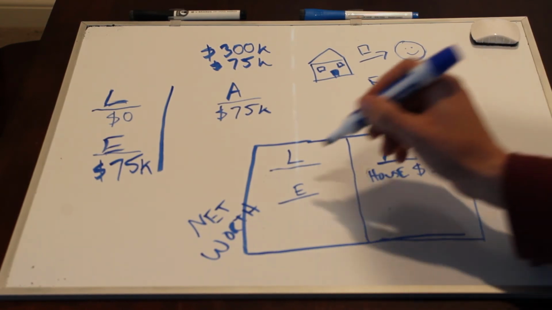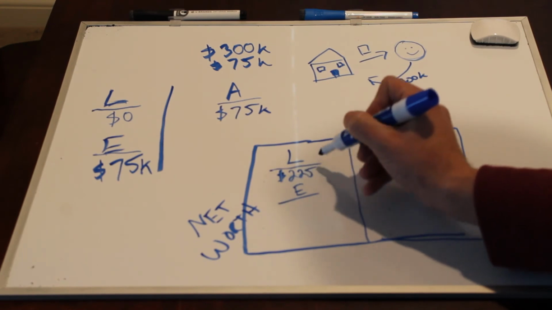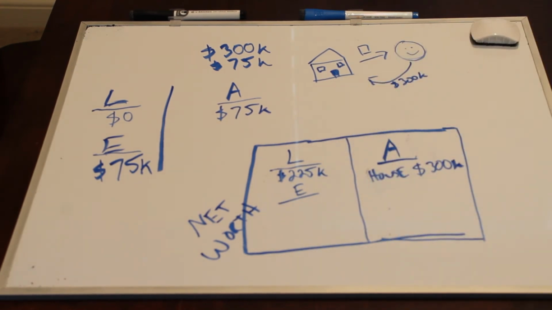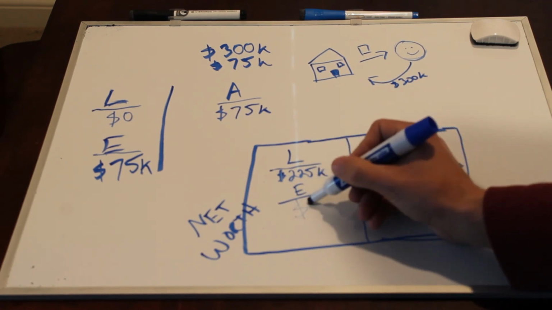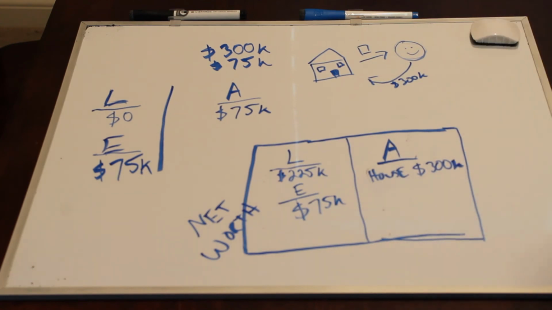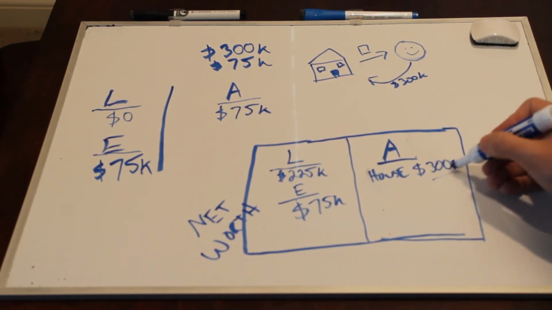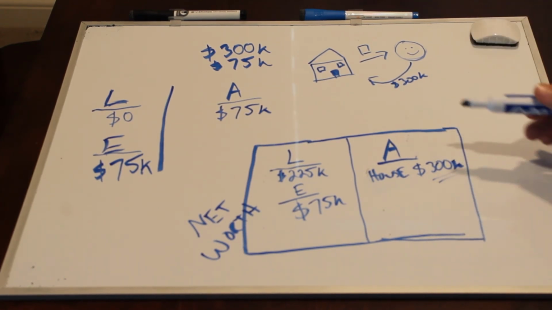Your liabilities are $225,000 that you owe to the bank. And your equity stayed the same. Your equity is still $75,000. This assumes that the price of the house is actually $300,000, that it's actually worth that.